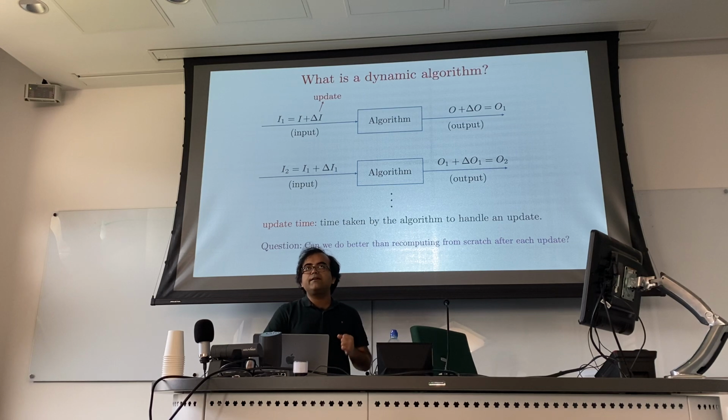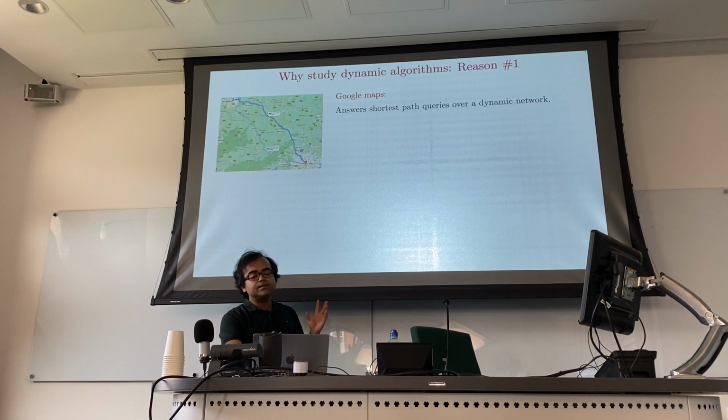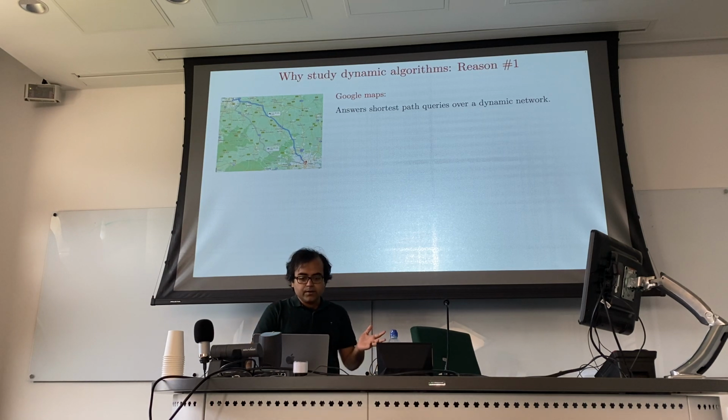So why do we care about dynamic algorithms? I'll try to give a few reasons, even if you are not working in dynamic algorithms. The first reason is, I hope, that the question is very well motivated. In the real world, if you look at Google Maps, all it is doing is solving a shortest path problem, on a dynamically changing network because the congestions on the roads evolve over time.